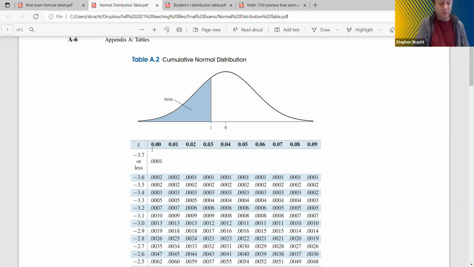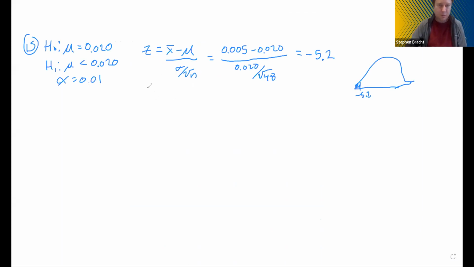My z value is negative 5.2, right? So basically all I can conclude is that my p-value is smaller than 0.0001, right? It's a very small p-value. So from the chart, my p-value is less than 0.0001. Alpha is 0.01, right? So clearly my p-value is smaller than alpha.